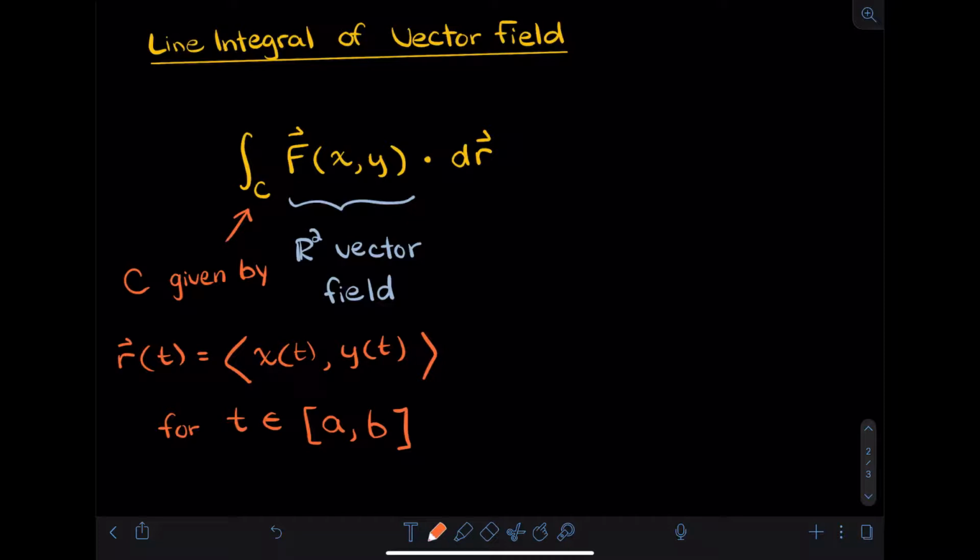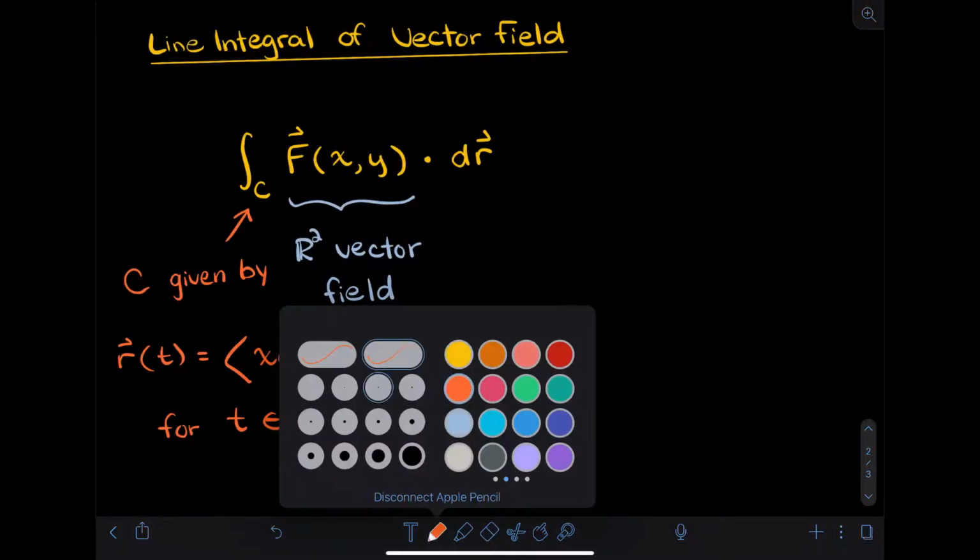I could have something different than you and the line integral would end up being the same. However, we have to make sure that with the different combinations of x of t's and y of t's, we're still going to get the same curve C and in the same orientation. That's important, especially if we're going to look at applications where a plus or minus can actually mean something completely different. So now that we see that C part, let's look at dr.